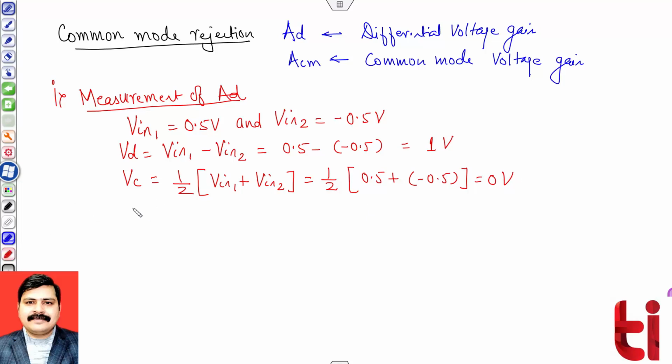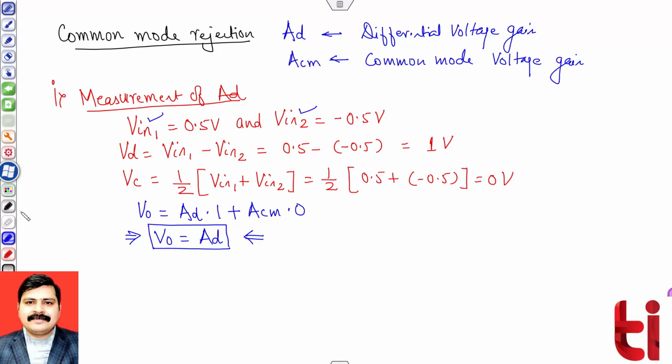Therefore, you can check my output voltage is AD into 1 plus ACM into 0. Therefore, output voltage V0 equals AD. So by setting Vin1 equal to 0.5 volt, Vin2 equal to minus 0.5 volt, I can easily calculate the differential voltage gain of the operational amplifier.